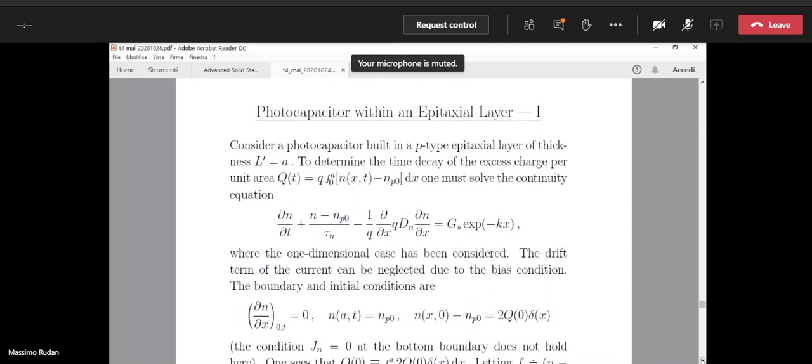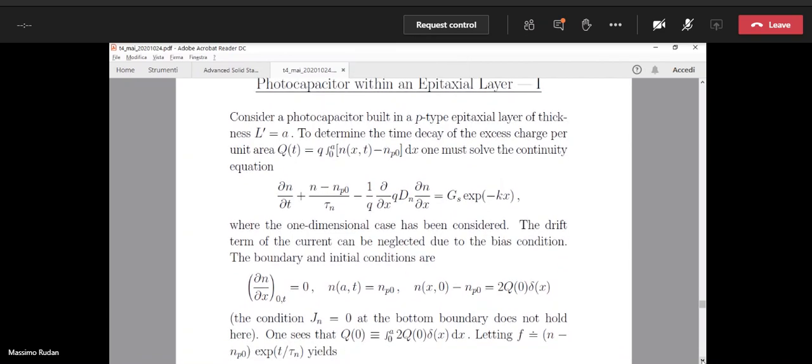So in the epitaxial layer, when we have the photodiode, the photocapacitor, we define, as before, the excess charge per unit area, just as we did in the other case, but you see the integral is extended not to infinity, but to the thickness of the epitaxial layer.